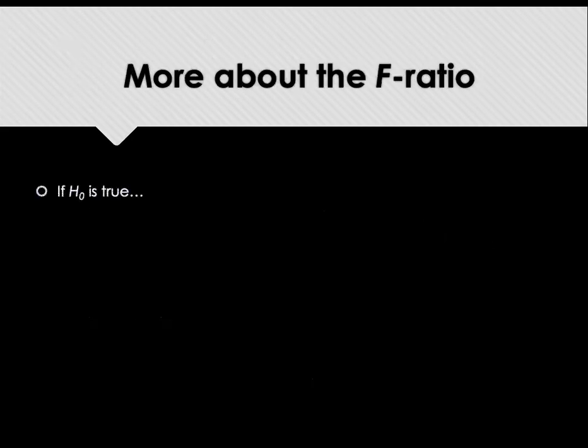All right, some more about the F ratio. If the null hypothesis is true, the size of the treatment effect is near zero, right? That's just what we were talking about. The differences due to treatment effect would be pretty much zero.